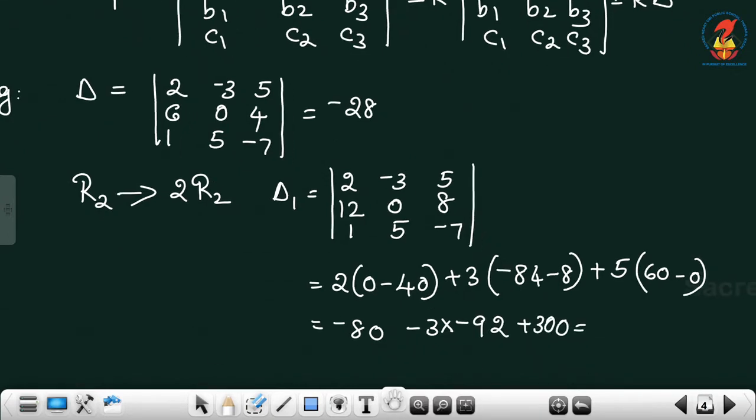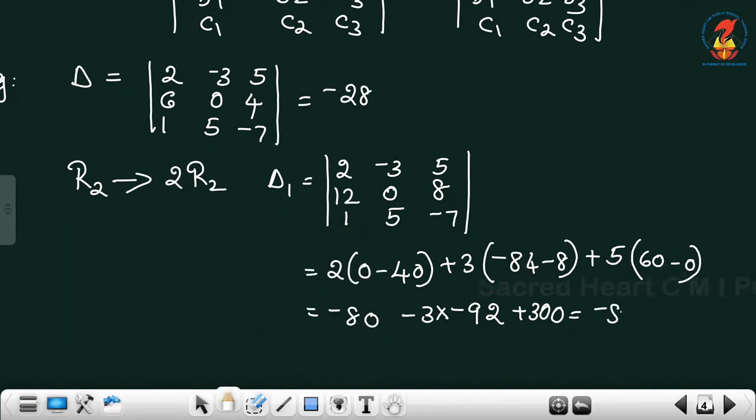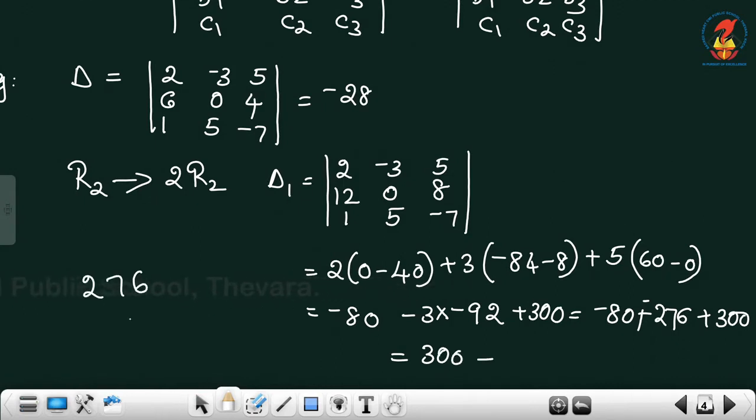So what is the value of that? That is minus 80 plus 92 into 3 is 276, that is minus sign, plus 300. So that is 300 minus 276 plus 80, 356. So that's equal to minus 56.